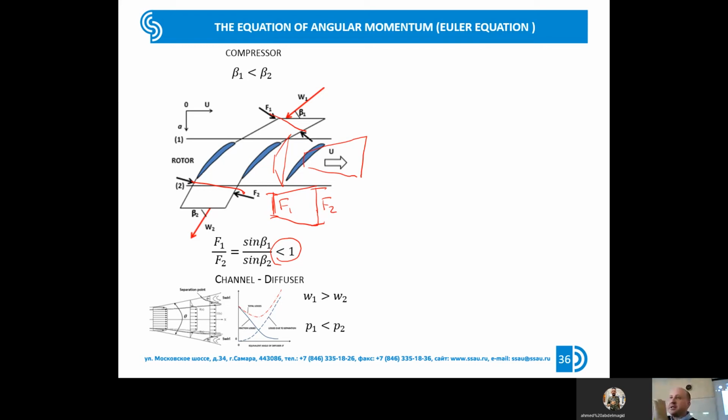But if you increase the length of the diffuser, you reduce the probability of separation, and you could slow the flow without separation. But a long distance means long friction, long losses related to friction.